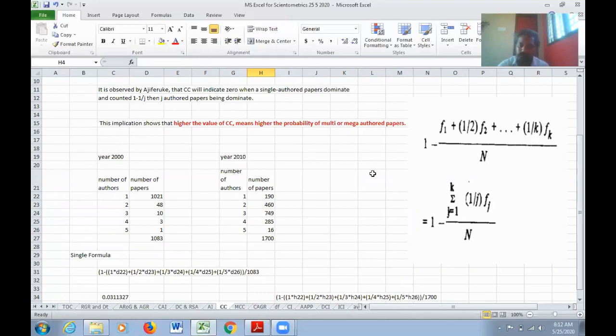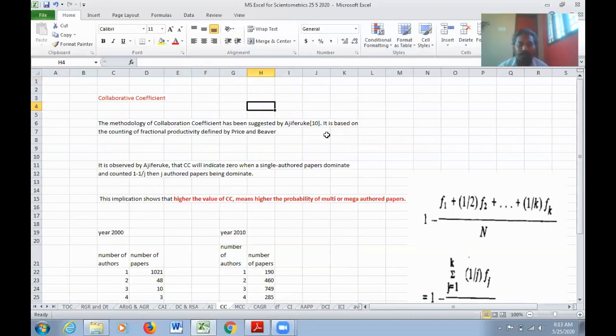For example, I have done 2 papers. In the first paper, I'm the only one, single author. In the second paper, we 4 people together contributed. Is it possible that I give 1 full mark to me for both the first paper and the second paper? That is not correct. That is the view of this particular author, who wanted to give fractional weightage to different kinds of authorship pattern. Based on the fractional weightage, they calculate the collaborative coefficient.